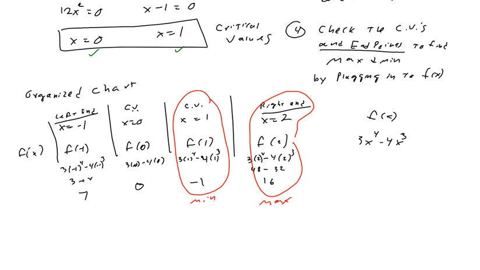But in another equation, this could be the minimum and this could be the maximum. It really doesn't matter. The last one's not always going to be the biggest one. There's no order. You find all the potential places, and then you plug them all in, and you see where they all fall.